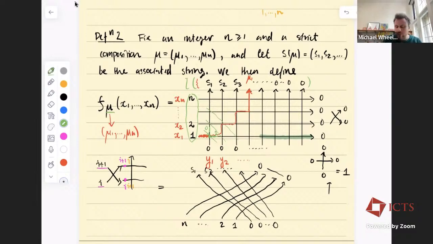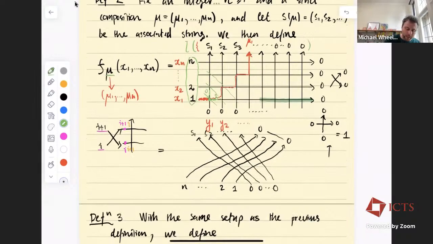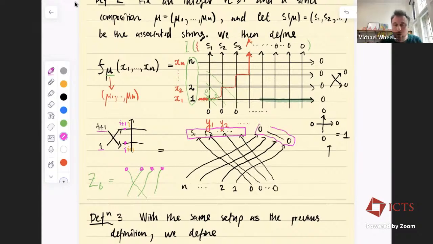Now, I've stated it here in a form which is a little bit different to what we actually proved, because as I stated, stochasticity, normally you take one of these Z sigmas, some permutation. And normally the prescription is that you're supposed to sum over all of these edges along the top in order to see that the thing adds up to 1. And so in terms of what we have here, you can see this is not quite what's happening. We're summing over all of these edges here, but these ones are just fixed to be equal to 0.